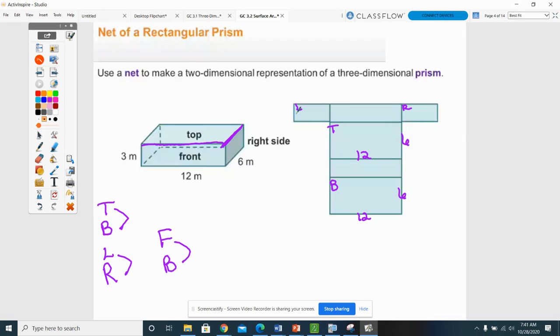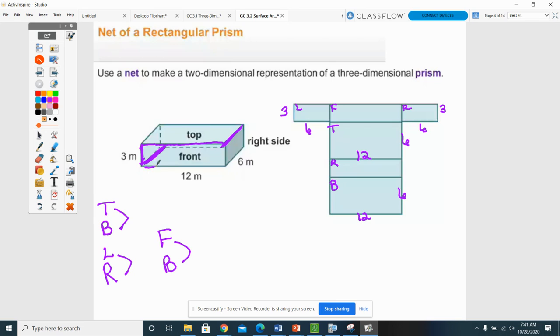On the left, how tall is this one? Well, you have a 3 and you have a 6. Okay, so this is smaller, so that will get the 3, this will get the 6, this will get the 3, and this will be the 6. And now you have to do the front and the back. I'll put a K for back.